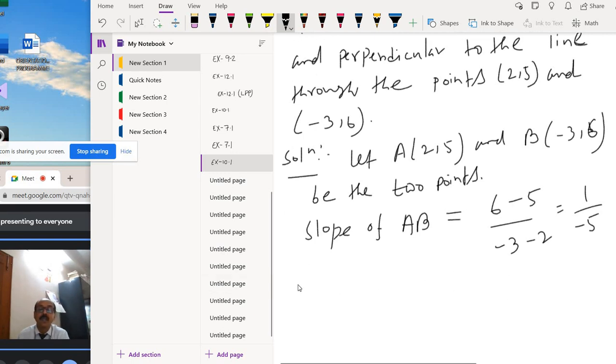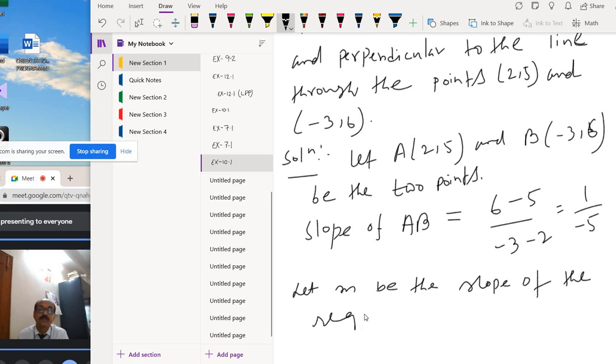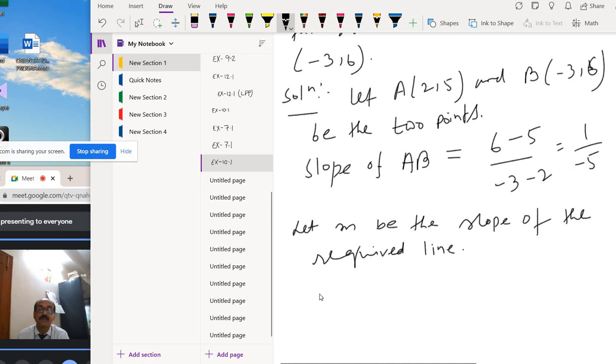Now let m be the slope of the required line. These two lines are perpendicular, so m1 m2 equals minus 1.